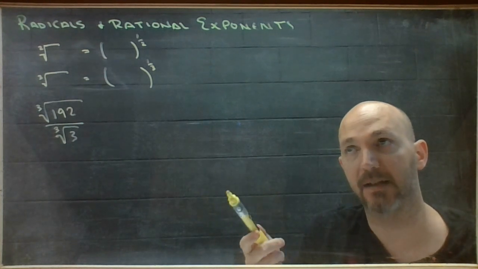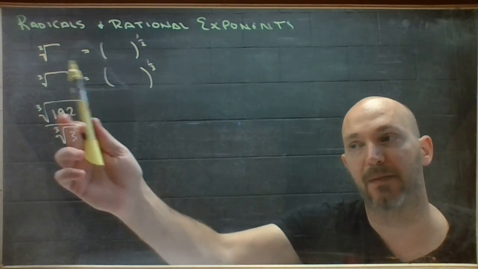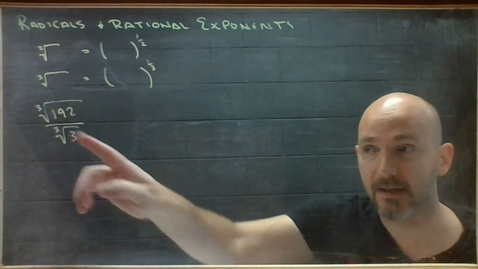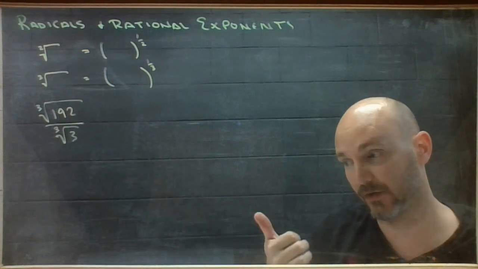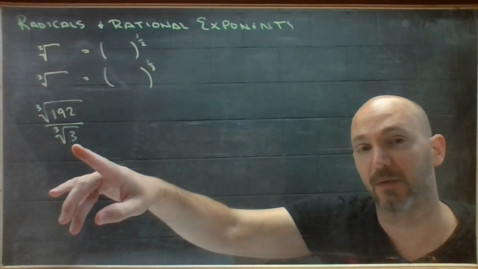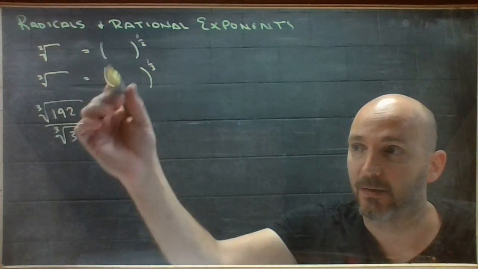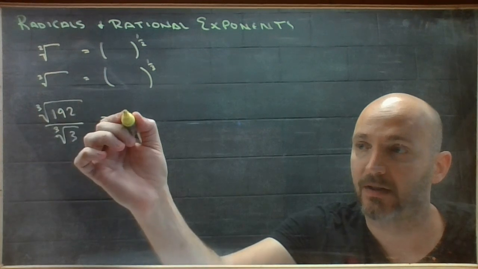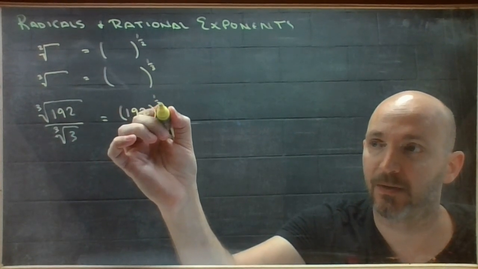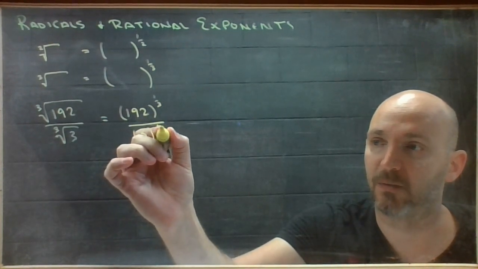If I take the last example and I do it backwards, I end up with the radicals on top of each other. And this I can't take a cube root of. You can try it. Definitely can't take a cube root of 3. But if I use this notation change, on top there I have 192 to the exponent 1/3, and I have 3 to the exponent 1/3.